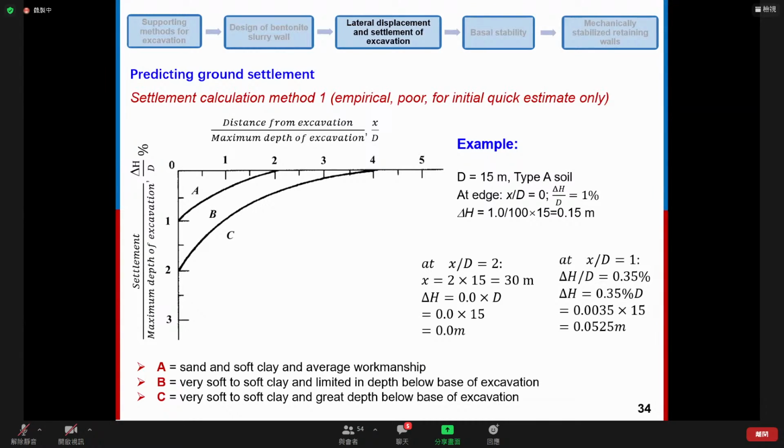So now let's talk about the prediction of ground settlement. Here we will introduce 3 calculation methods. The first method is an empirical method based on a design chart. The design chart was proposed by a scholar, his name is Peck.